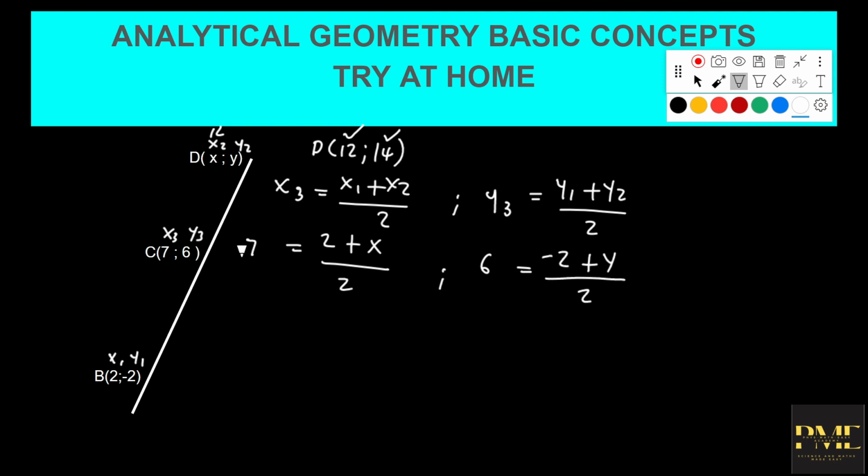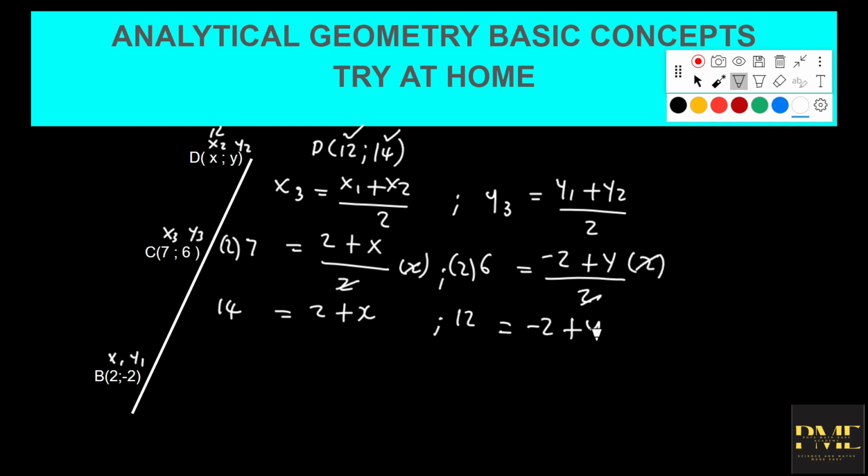Then we know that to get rid of our denominator we multiply by it on both sides. So 2 and 2 will go, and 2 times 7 is 14, equals 2 plus x. The same will be done on this side, times 2 here, times 2 here. So 2 and 2 will go, and 2 times 6 gives us 12, which equals -2 plus y.